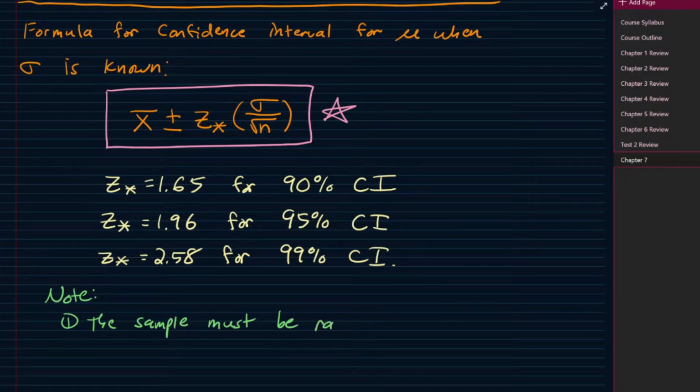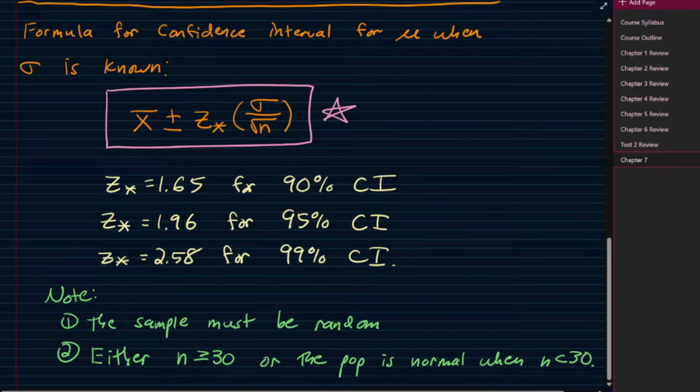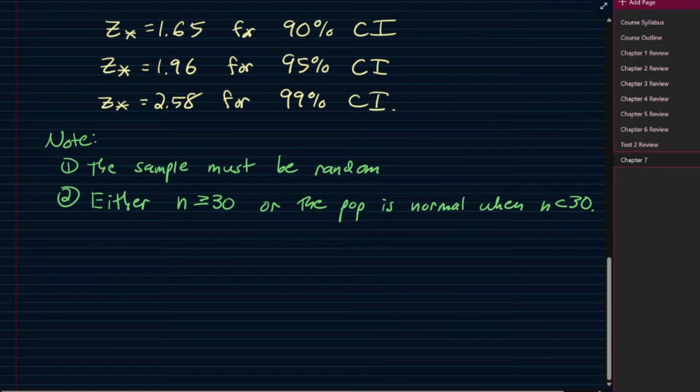And number two, either the sample size, n, needs to be greater than or equal to 30, or the population is normal when n is less than 30. So if we have a sample but it's less than 30, we have to at least know that it's a normal distribution before this stuff applies.